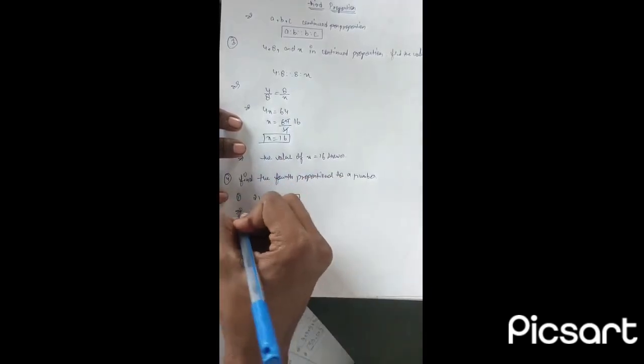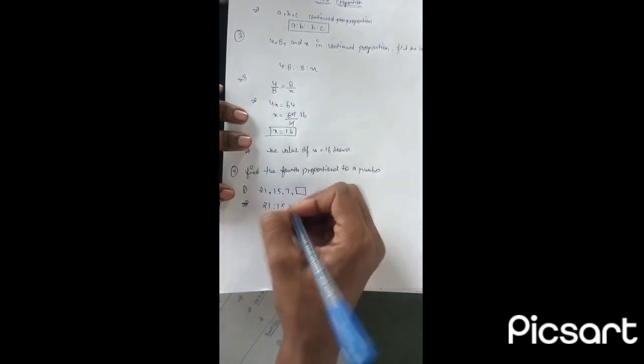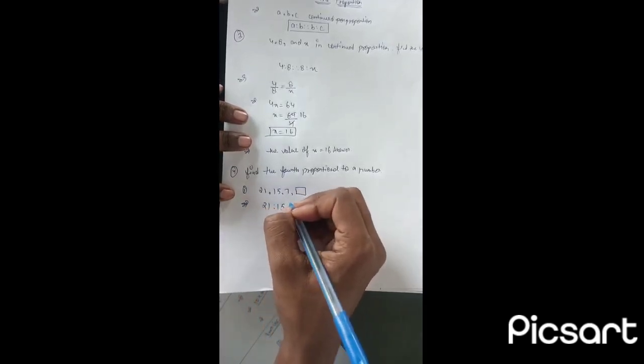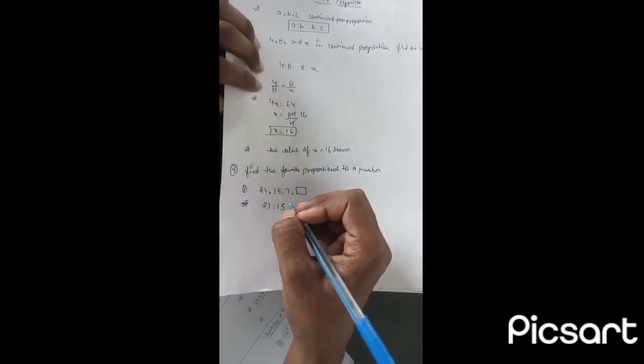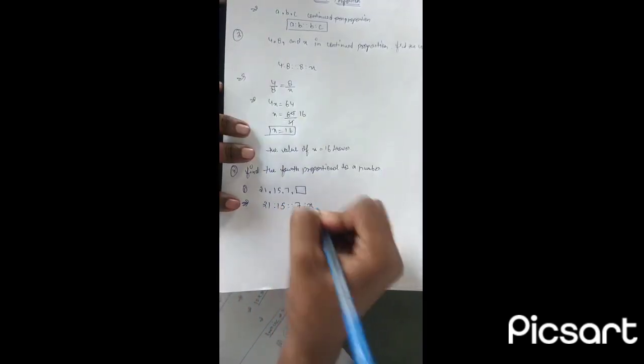I have told you how to solve this. This is 21 is to 15 in the ratio 7 is to x.